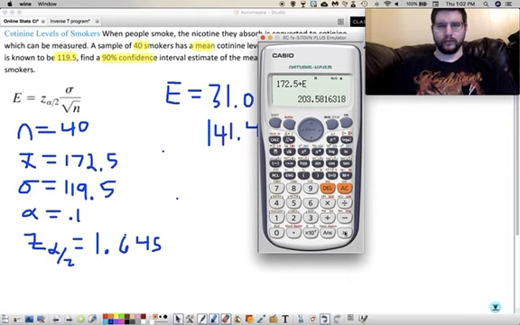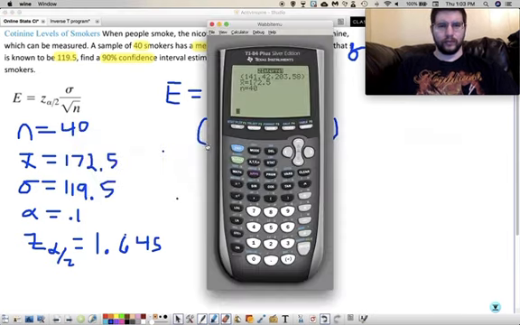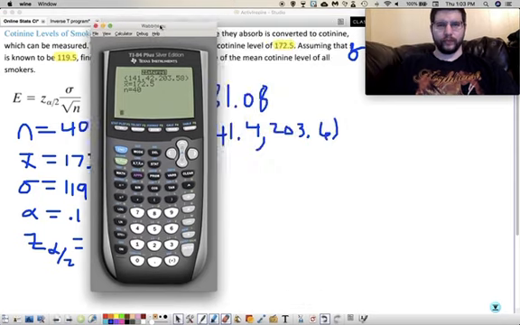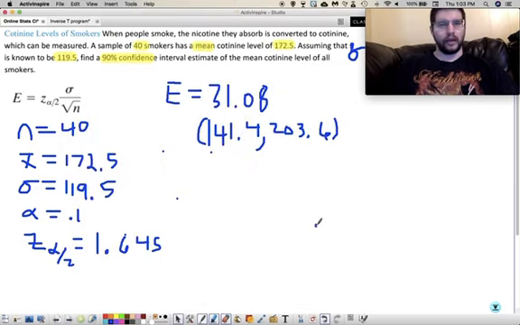Plus there, 203.6. Compare that, 141.4, 203.6, same thing, and we're done, people.